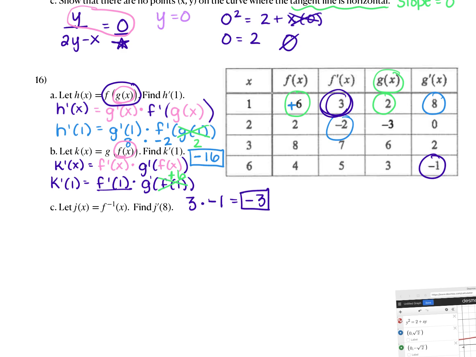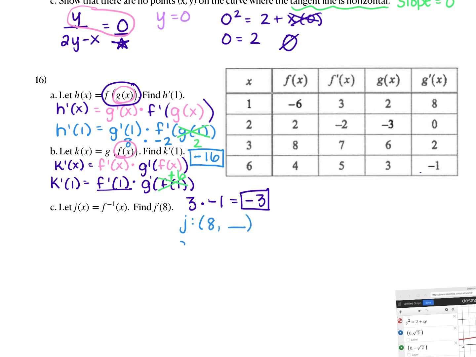Okay, one last one here, and this one has to do with inverses. Let me clear off my table over here because I've done a fair bit of scribbling. Okay. So when these functions are inverses, here's what I want you to realize. I'm asking you to find j prime of 8. So that means in the j function, I must have a point that is 8 comma something.